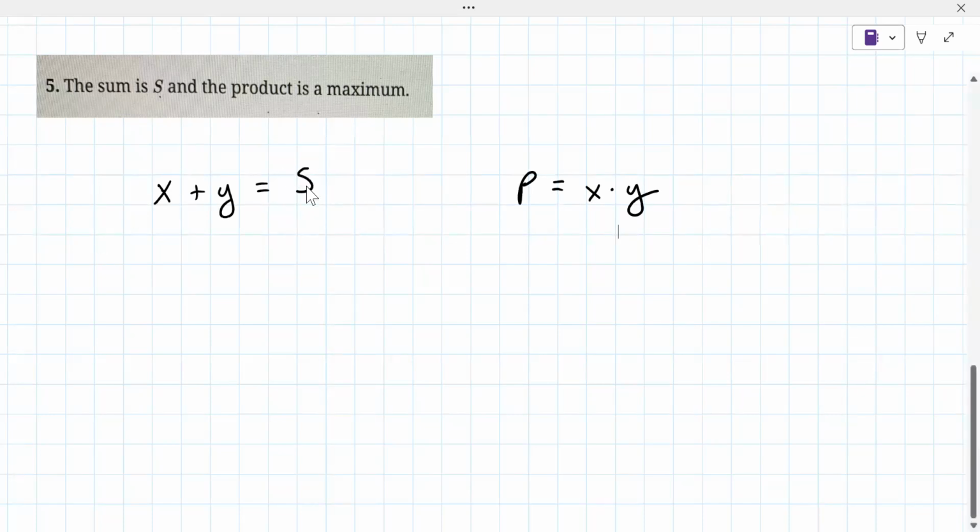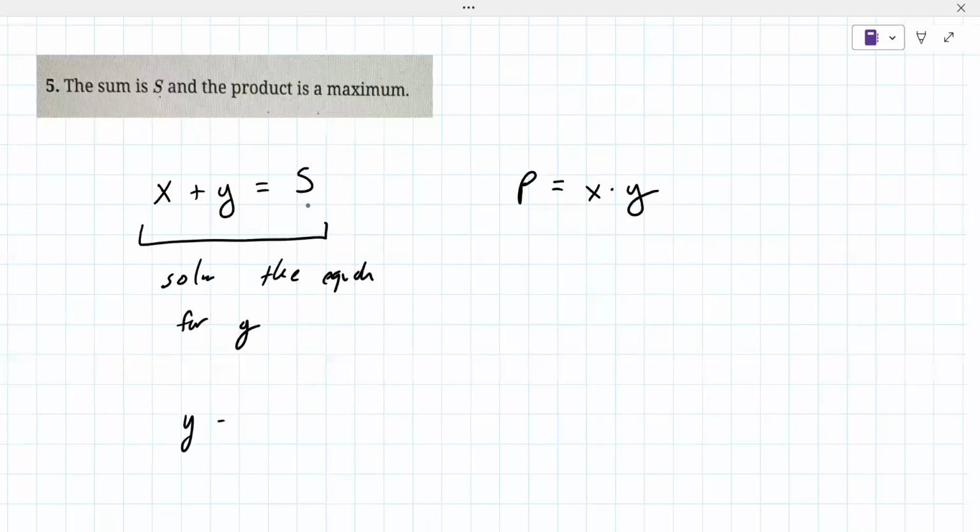Typically this is a number, like the sum is 50 and the product is a maximum. Then you solve the equation for, usually, Y.